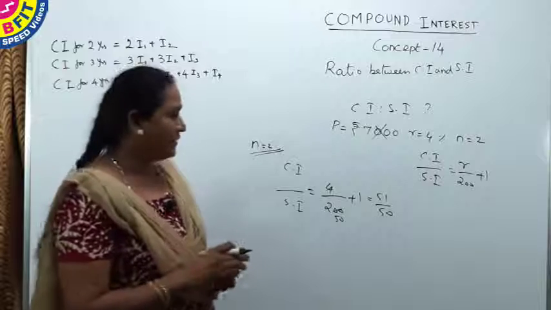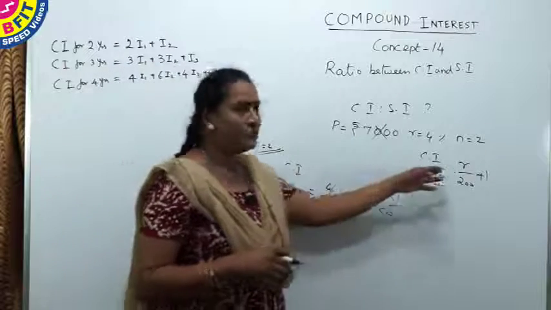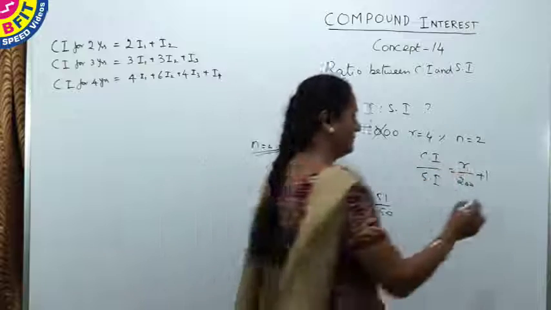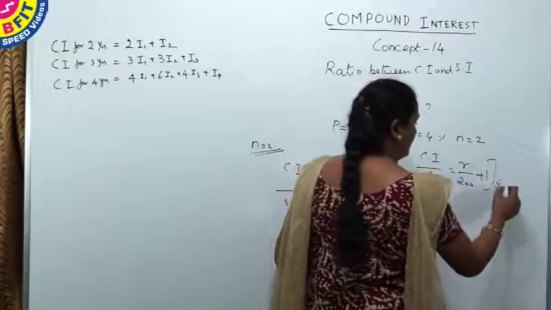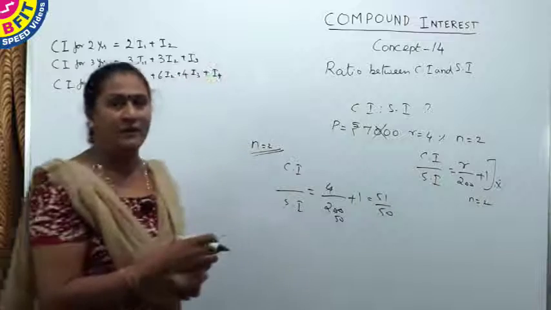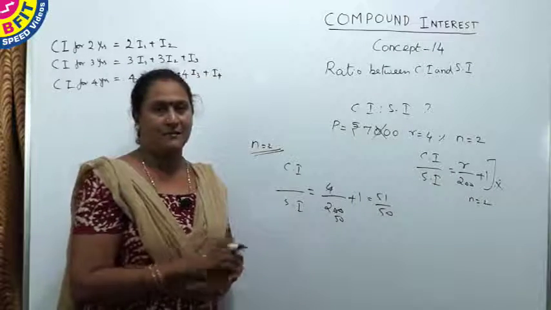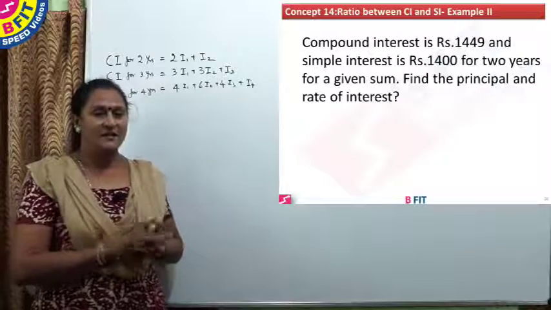So remember, when they ask the ratio between CI and SI for 2 years, just use R by 200 plus 1. You get the ratio between compound interest and simple interest. And we'll see the next example. We'll see the next question.